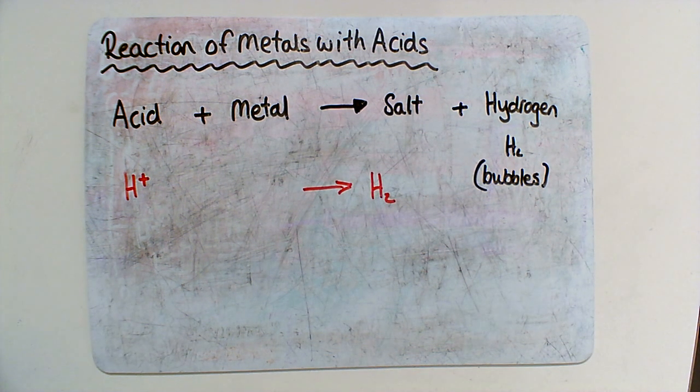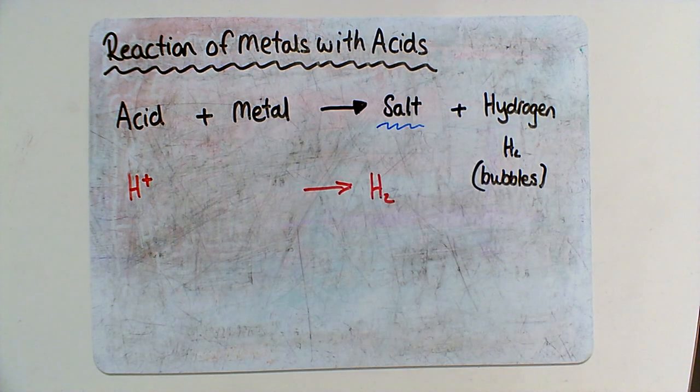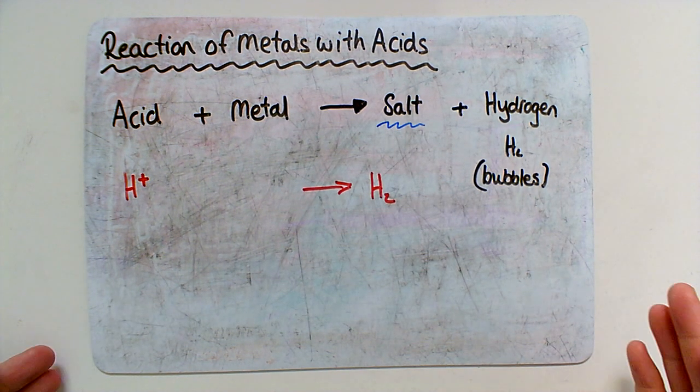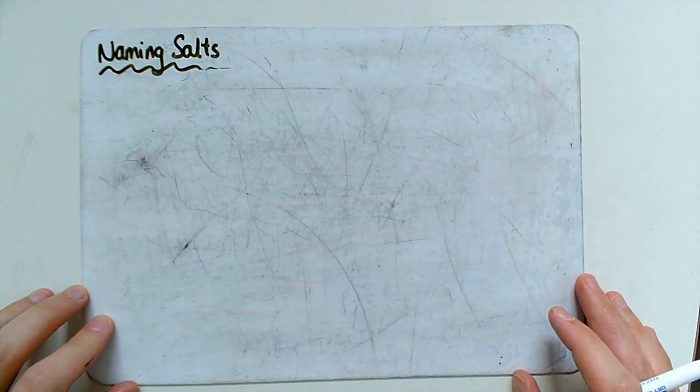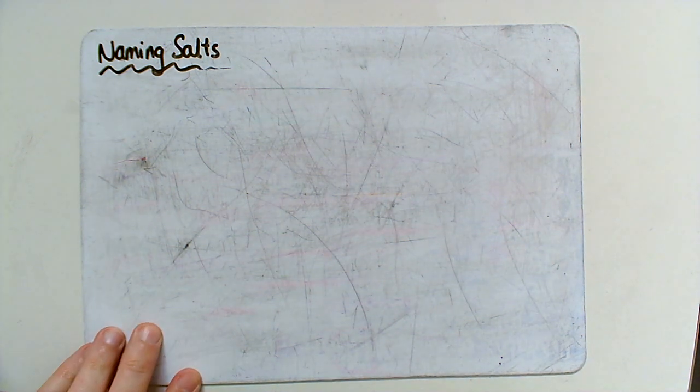We also need to make sure that we know how to name the salt. And the rules are very similar to what we had before. So similar rules to whenever we were working with acids and bases.